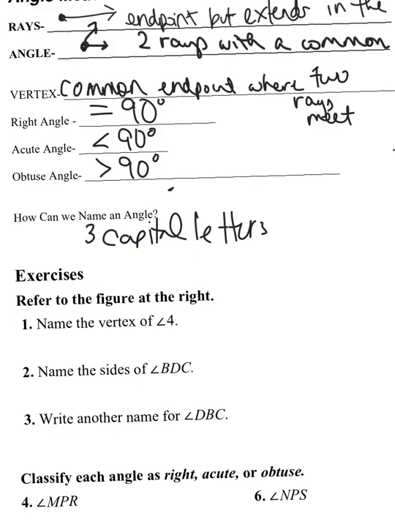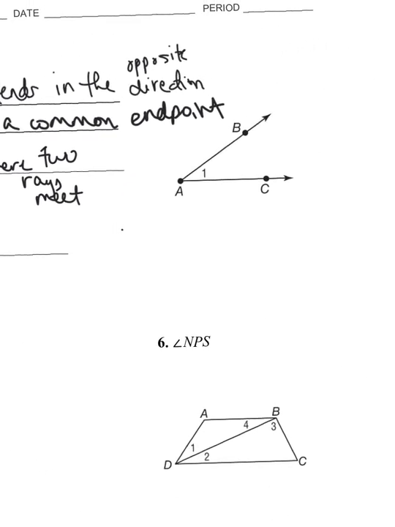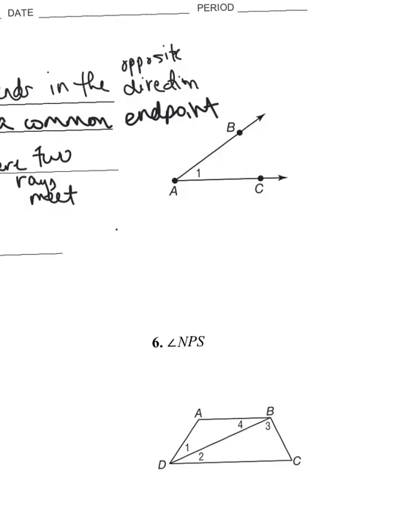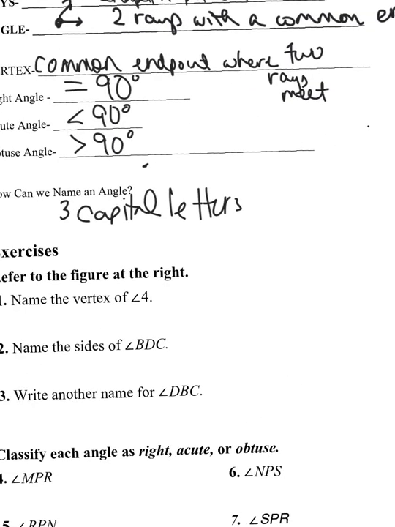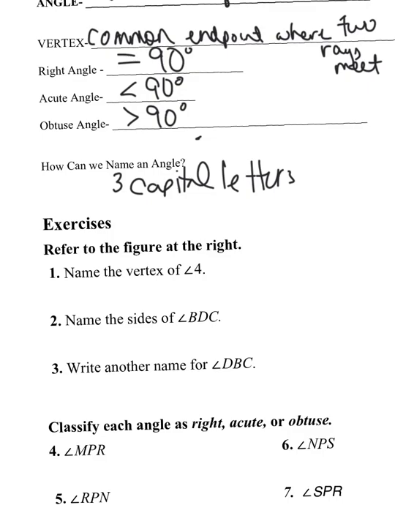So when I say 3 capital letters, we're going to go off the side, the vertex, and then the side. So if we look at that picture that we had on the side, if we were to name that one, we'd go BAC. So it's not alphabetical. You need your vertex to be in the middle. So most important, vertex in the middle. So for that picture, we would call it BAC.